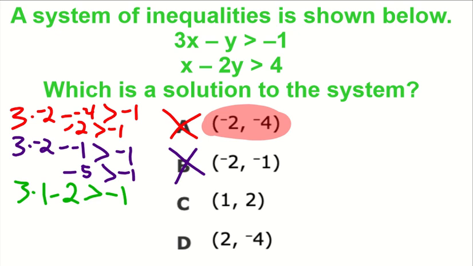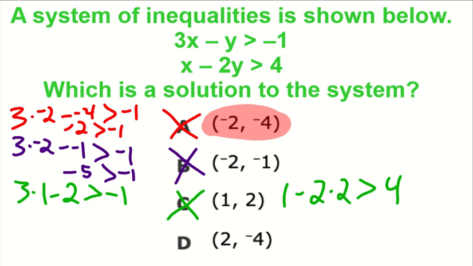So we got 1 minus 2 times 2, and it has to be greater than 4. 2 times 2 is 4. What's 1 minus 4? -3. Is -3 greater than 4? No. Well, that kind of leaves D, but we'll go ahead, we'll check it, make sure.